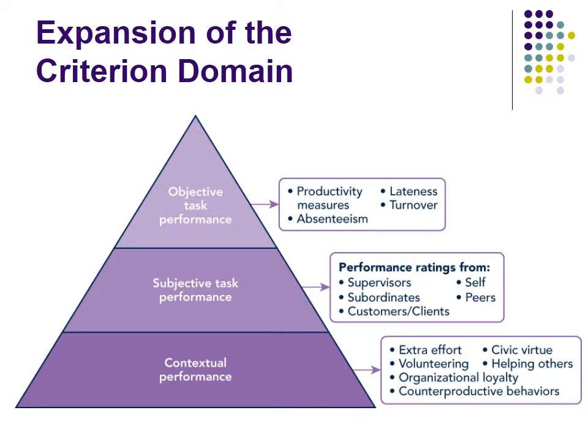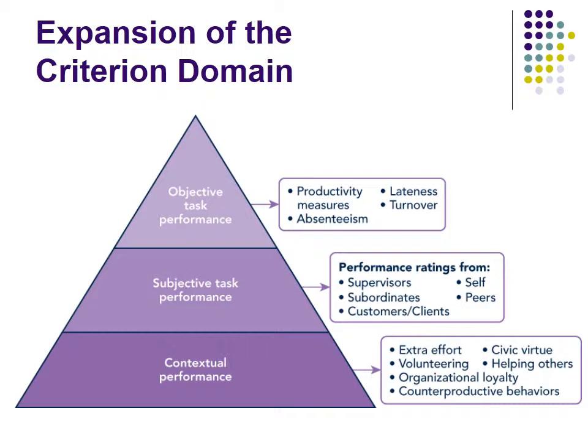So if we expand these criterions and domains, what we generally find is we've kind of got three broad things. The first and top level is the measures that we want if we can get them, and those are objective task performance. We want to be able to capture task performance with objective measures as much as possible. However, if there are things that we can't measure objectively that are still important towards task performance, we want to also capture those with subjective measures. So subjective task performance.